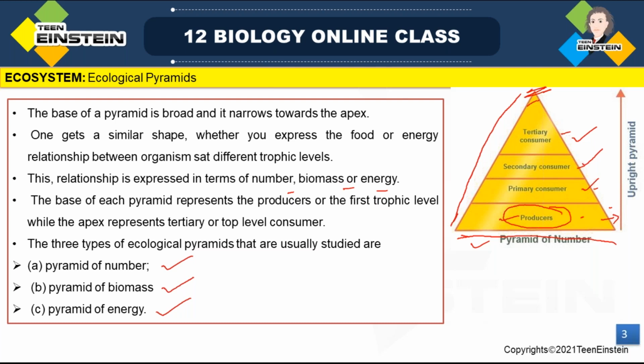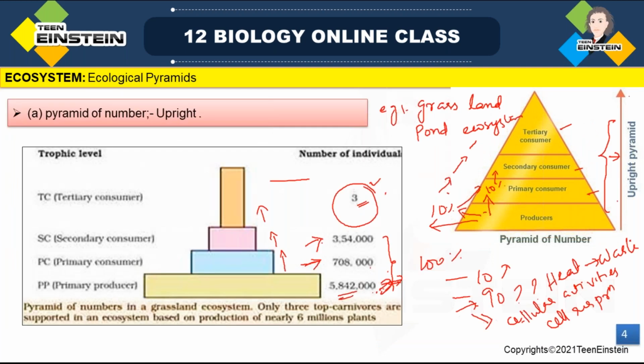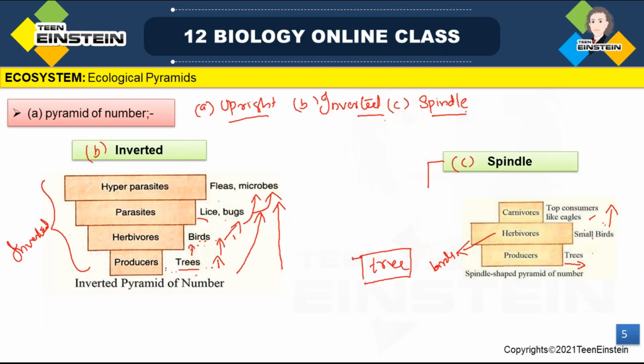Or they'll give you one ecological pyramid and ask you to find out which type of pyramid this is, or whether this is a pyramid of numbers, an inverted pyramid. Give an example for this inverted pyramid.